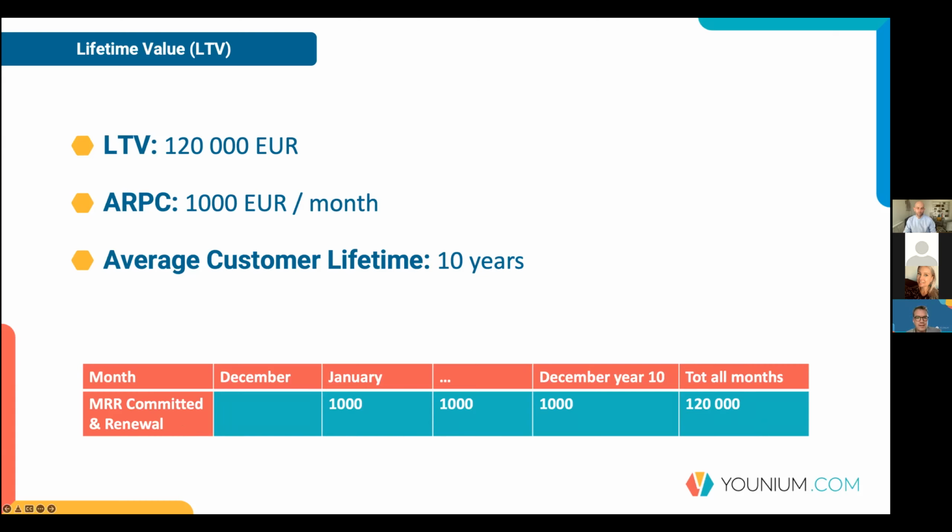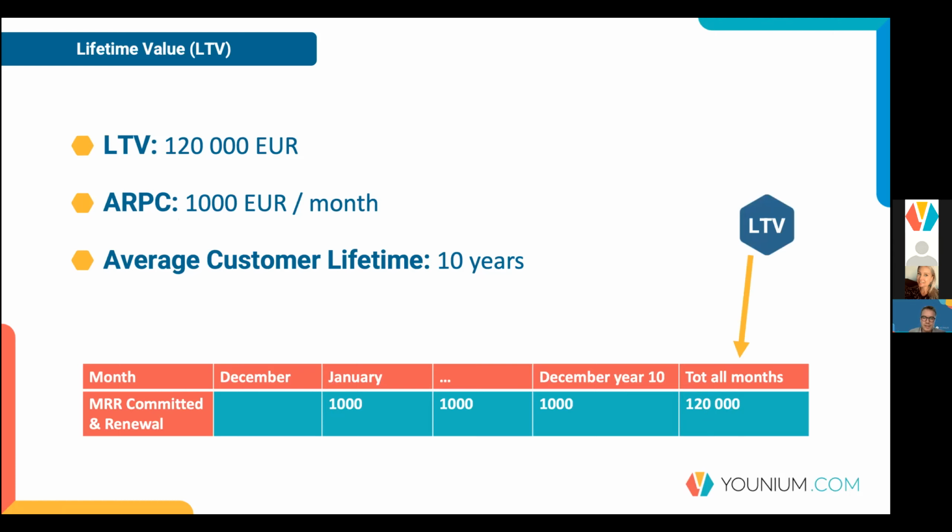It's no coincidence that this specific example is the same amount as our average LTV of our whole subscription stack, because I did specifically put the average revenue per customer to 1,000, which is the same amount that this specific example is.